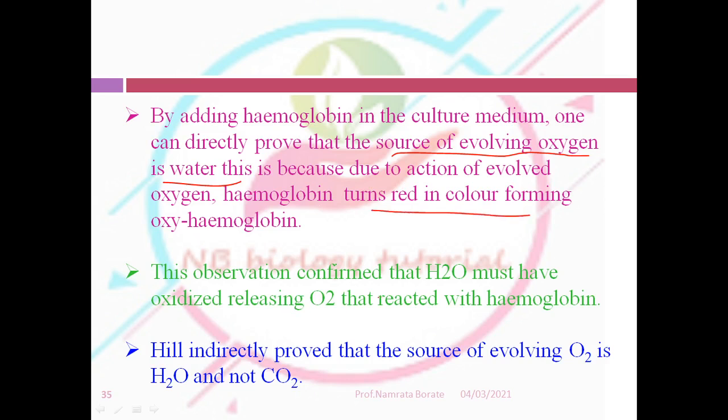This confirms that the water must be oxidized, releasing the oxygen. That is, it reacts with the hemoglobin, so there is a formation of oxyhemoglobin. Hill indirectly proved that the source of evolving oxygen is the water, not the carbon dioxide.